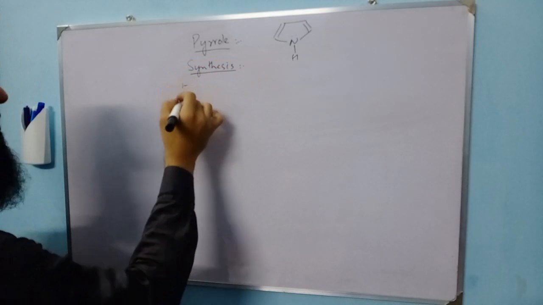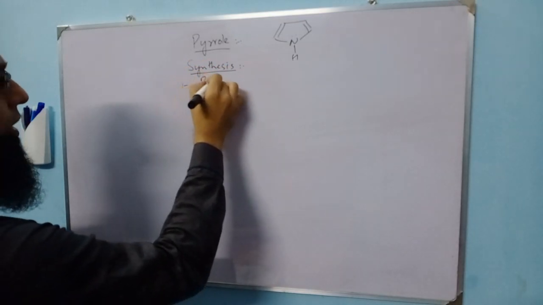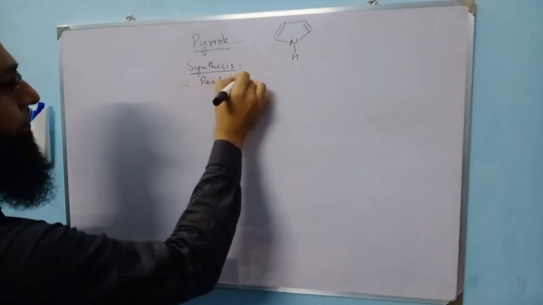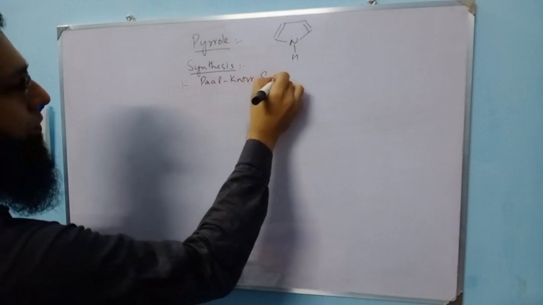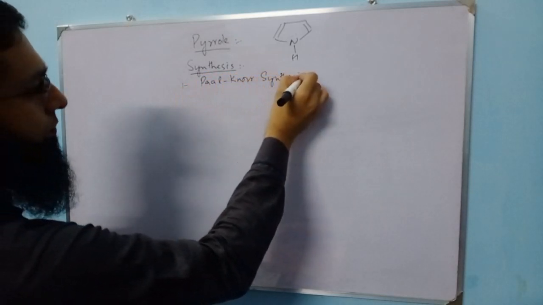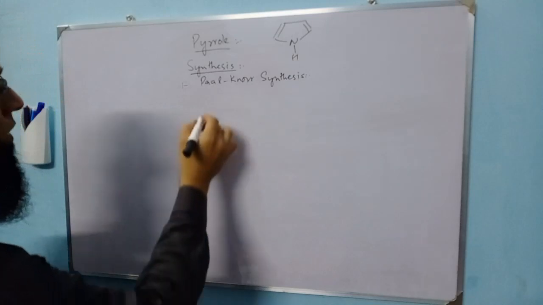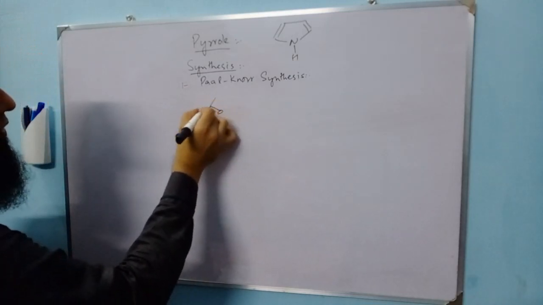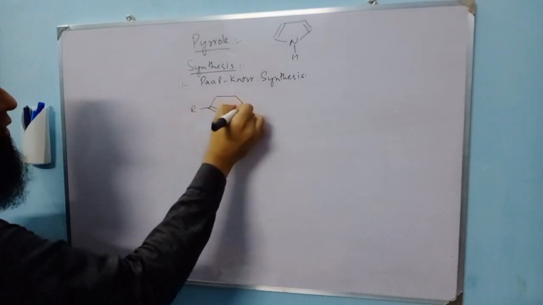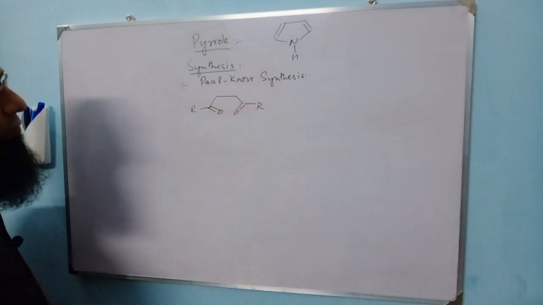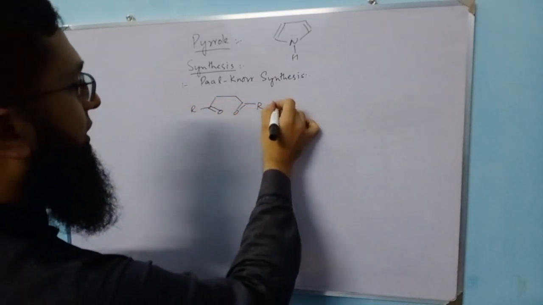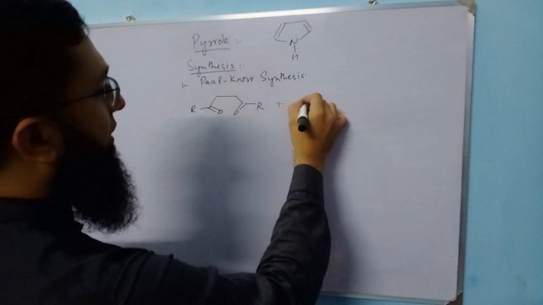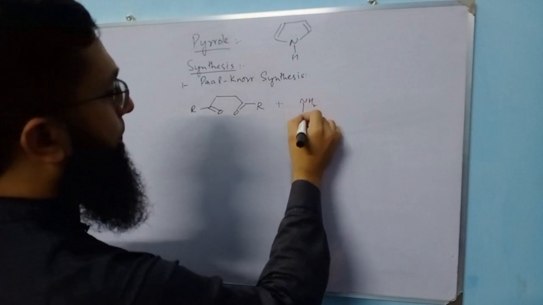First method to synthesize pyrrole is Paal-Knorr synthesis. In Paal-Knorr synthesis, we use 1,4-dicarbonyl compounds, especially 1,4-diketones, and they are allowed to react in the presence of amine.